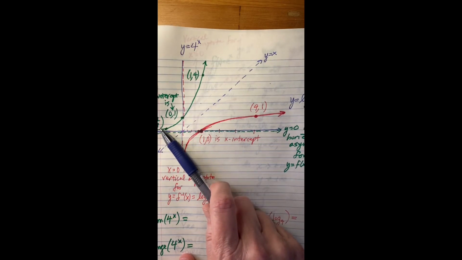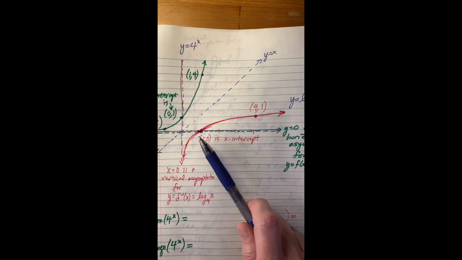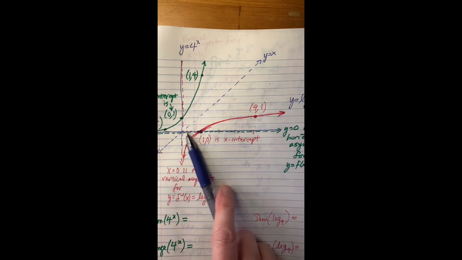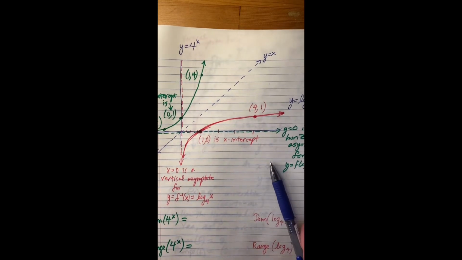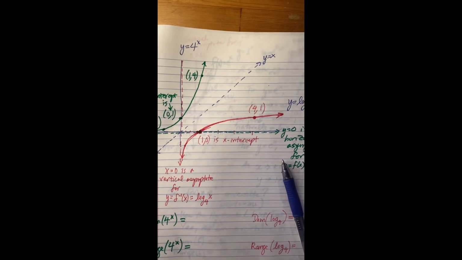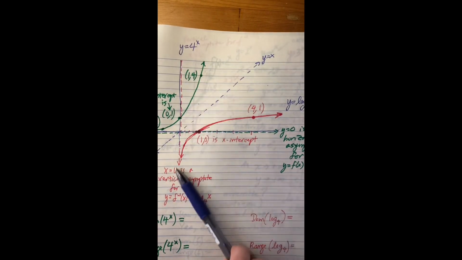Negative 1, 1/4 over here gives you a value over here of 1/4 comma negative 1. More importantly, though, this horizontal asymptote, y equal to 0, that every exponential function has, becomes the vertical asymptote that every logarithmic function has.